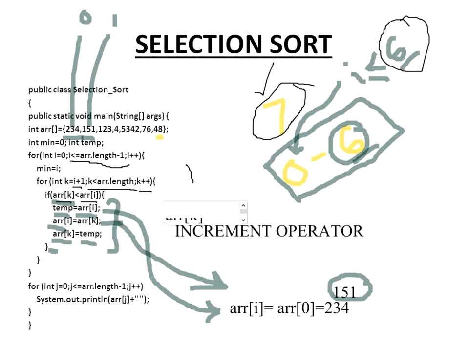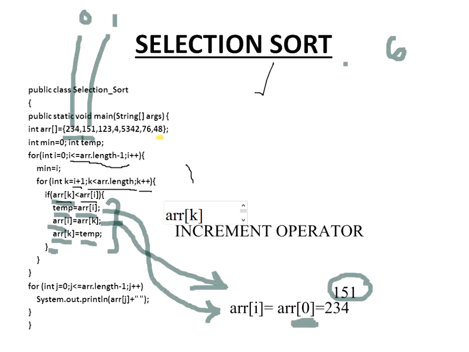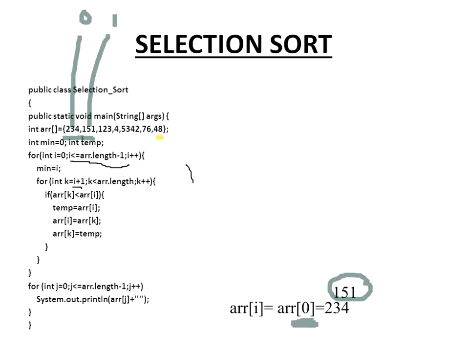So again, what will happen? It will check this condition. Now this time the value of ARR[k] is not 1, rather it is 2. So it will check whether ARR[k], that means ARR[2], is less than ARR[i], that means ARR[0], because the value of i is still 0. So I will write it down here what will happen next.